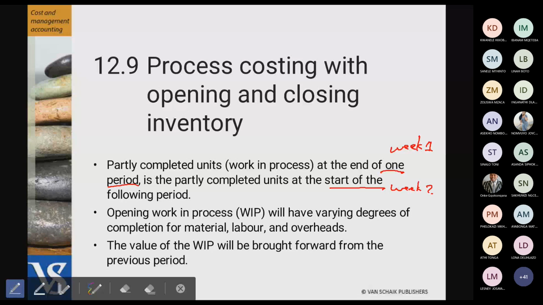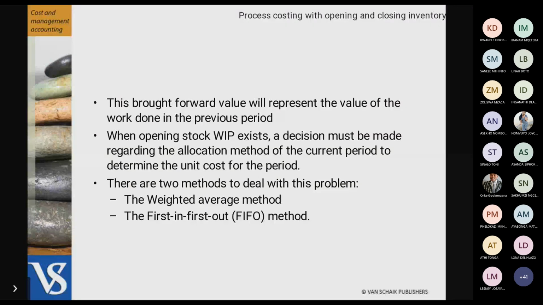So those are the two methods that we make use of in order to resolve the issue of having opening work in process and closing work in process. Using those two methods assists us to be able to do things according to what we wish.